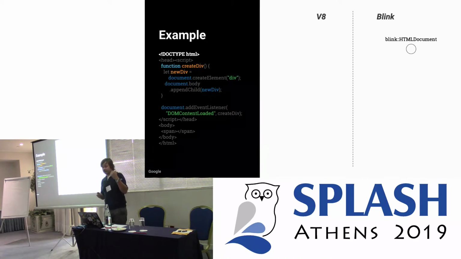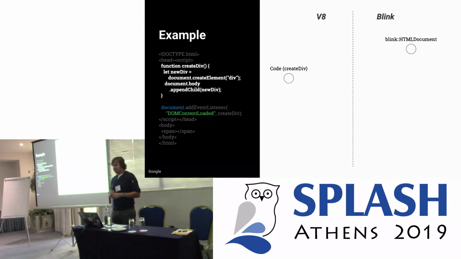The parser sees a document and creates a document object. For the purpose of this example, we simplify this whole system a lot. So we do sequential parsing, sequential compilation. And we compile this function to some code. It might be some bytecode that can be interpreted, or might be native code that can be run directly on the CPU. So we create this code object. We then want to attach an event listener that runs when the document is fully loaded.